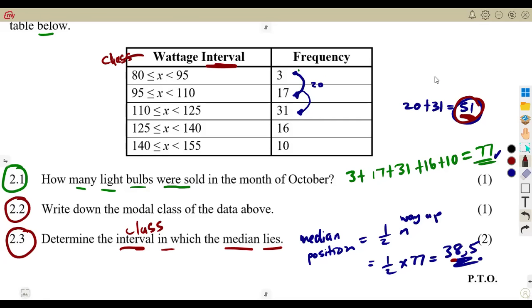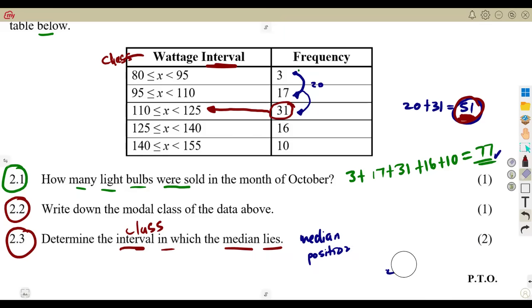As we are counting numbers from 20, you are counting 21, 22, and so on, 38,5 was going to be found in between as you are counting. So in these numbers, where is it located? That is the class that we are talking about, the interval. Where are we having that value of 38,5?